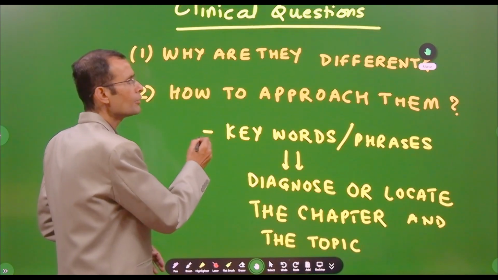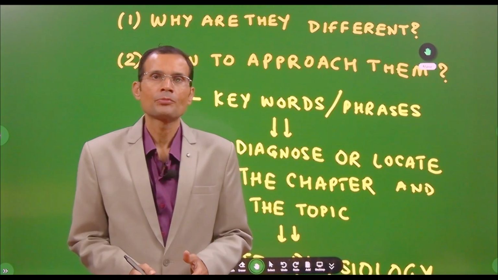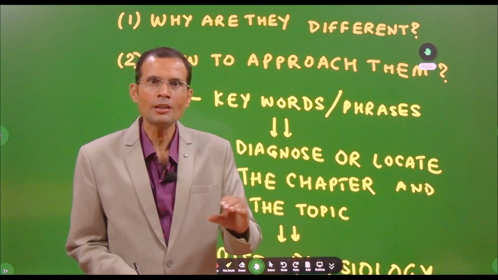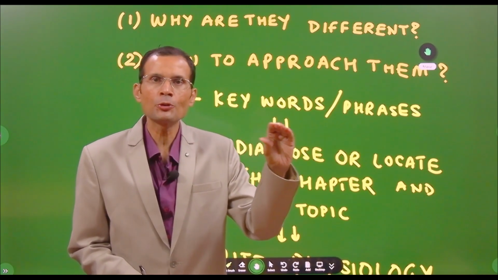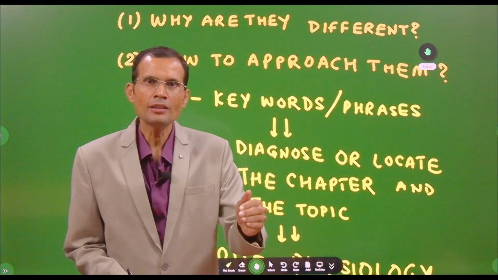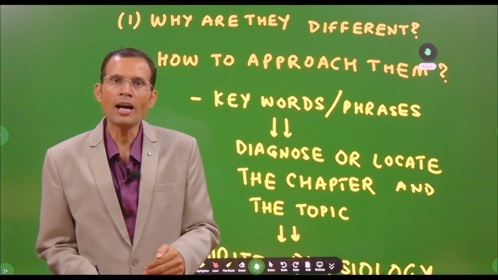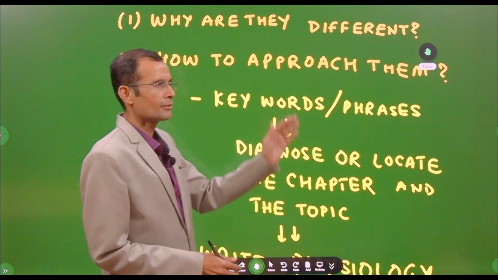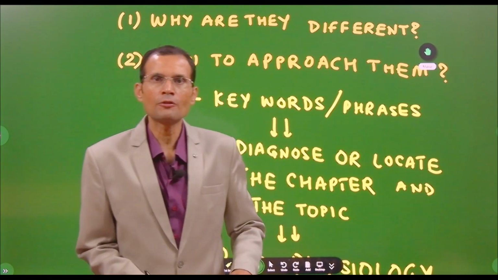Always find the keywords or key phrases in the question. Look, the question will be a case given to you, and then there will be 3 or 4 questions asked on that case. Now there will be key phrases in that case itself.